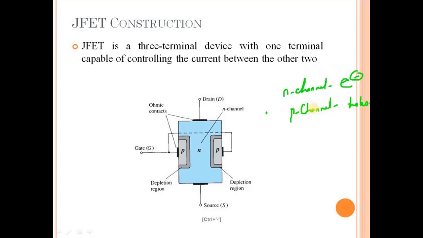So depending upon which kind of JFET we are taking, in the channel there will be a movement of the charge carriers, and depending upon how much potential is applied at the gate, the charge carriers will move from source to drain.